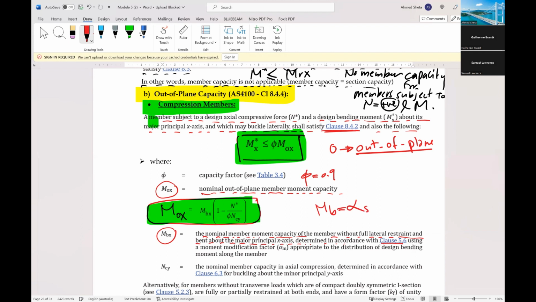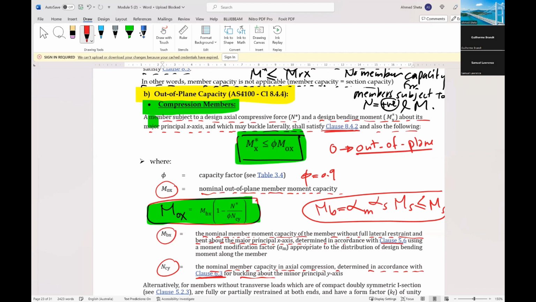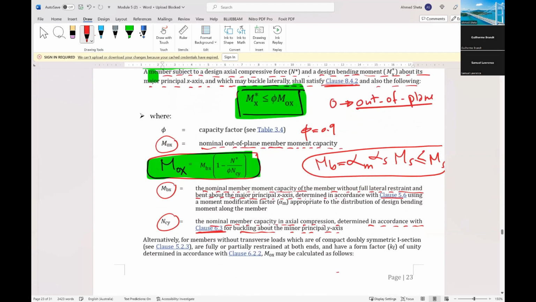MB equals alpha M, alpha S, MS, and less than MS. This is the member capacity we have talked about earlier, where NCY is the nominal member capacity in axial compression determined according with clause 6.3 for buckling about the minor principal axis.